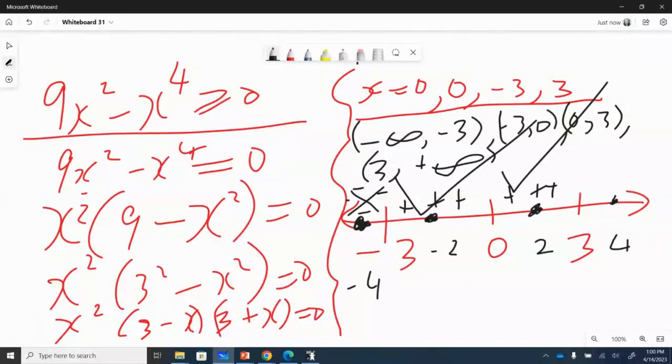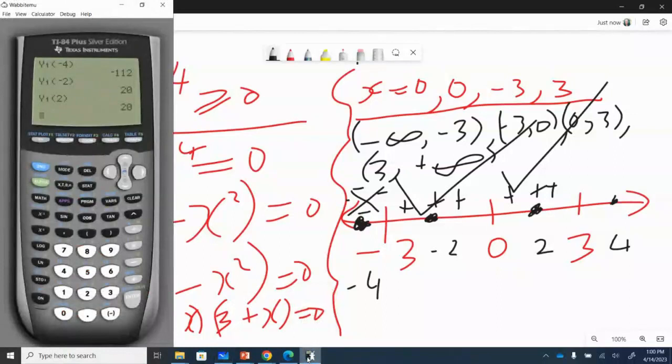So we're going to test the last interval from 3 to positive infinity. So let's do that. You must test all of them. Second, enter. You just have to be as fast as you can because there are 10 questions and they are long questions. And you have to do them under 60 minutes.